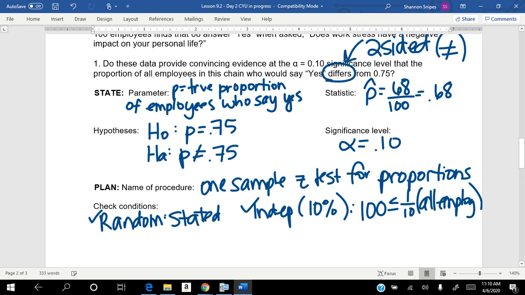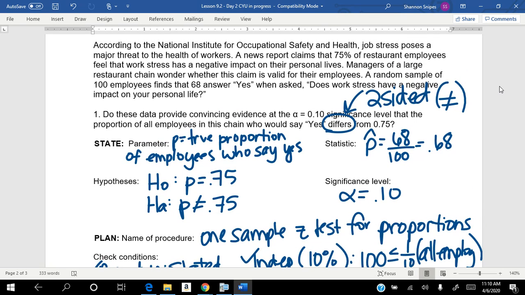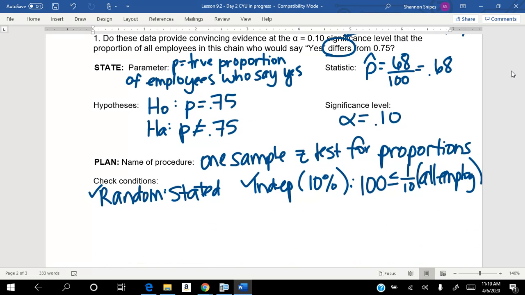I would say that's safe to assume since it uses managers of a large restaurant chain. So I think it's safe to assume there's more than 1,000 employees in this large restaurant chain. And then we need to check our normal condition. So we do n times p, or p hat. So 100 times 0.68 is 68. And then 100.